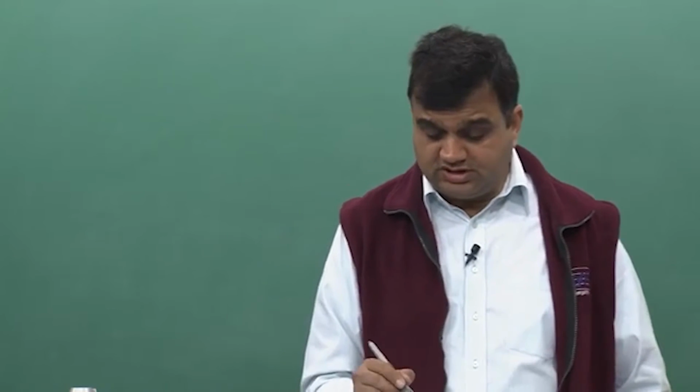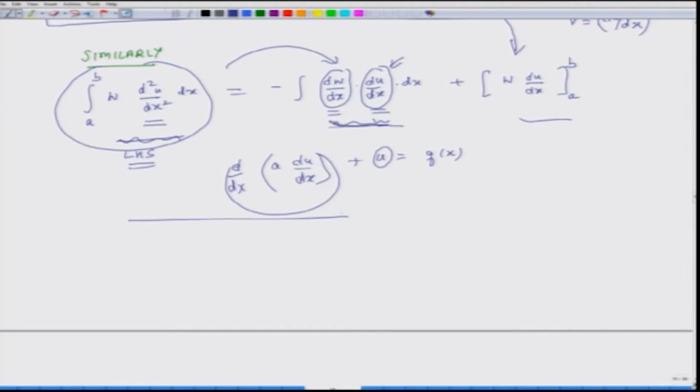advantages of this. So what we have done is, in the LHS, the differentiability requirement for u was C2. We needed a C2 class of function. If we transform this to the right side, the differentiability requirement for u becomes C1. I mean, if it is C2, no problem, it will do the job.